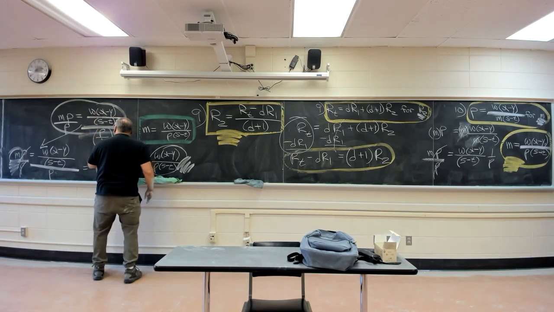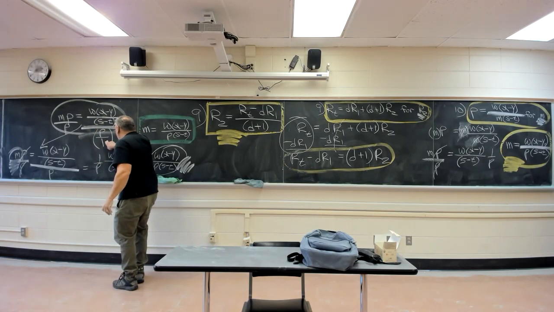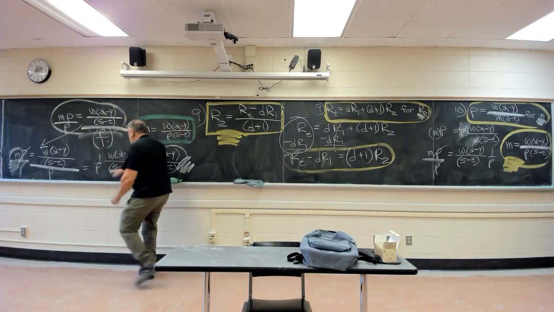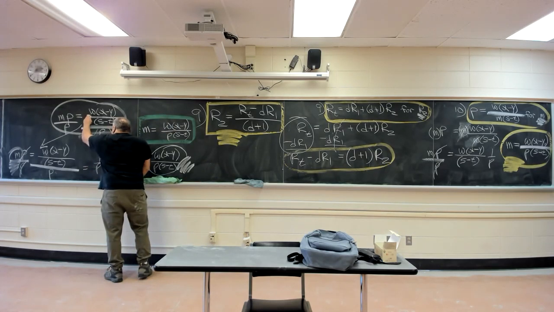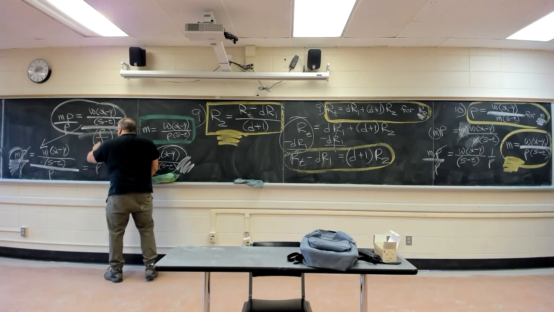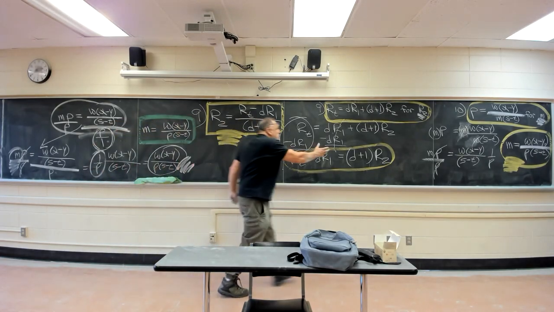A fraction divided by another fraction is the first fraction, the one that's being divided, left alone, multiplied by the reciprocal of the second fraction doing the dividing. That gets us here. That was the move I made here.